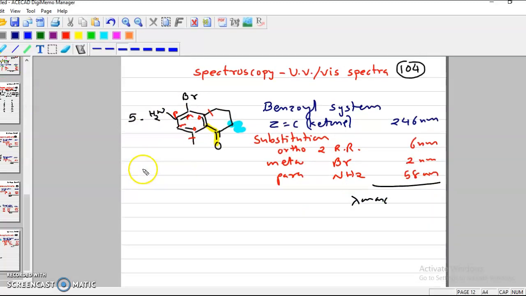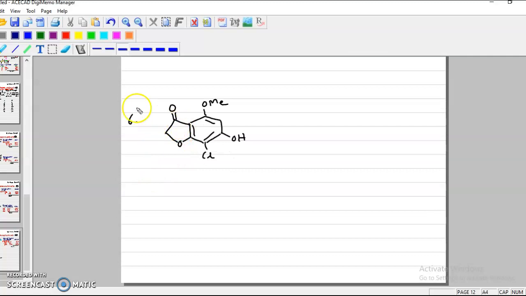Next numerical is this one, where again the system is a little bit difficult, but it's very easy. You can go ahead with this one, C double bond C, and then this is Z. Z is carbon, therefore it is again ketone system. So our main system is benzoyl system, and in benzoyl system Z will be carbon.